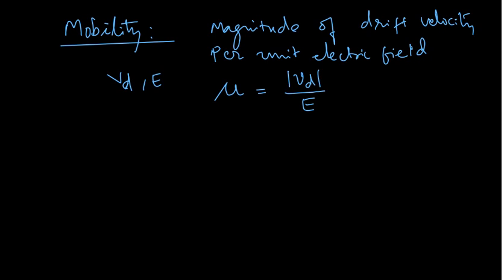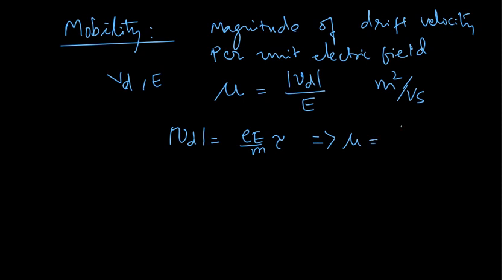Vd is equal to e tau E by m, so substituting the magnitude of Vd, e by m into tau, divided by E, E gets cancelled.